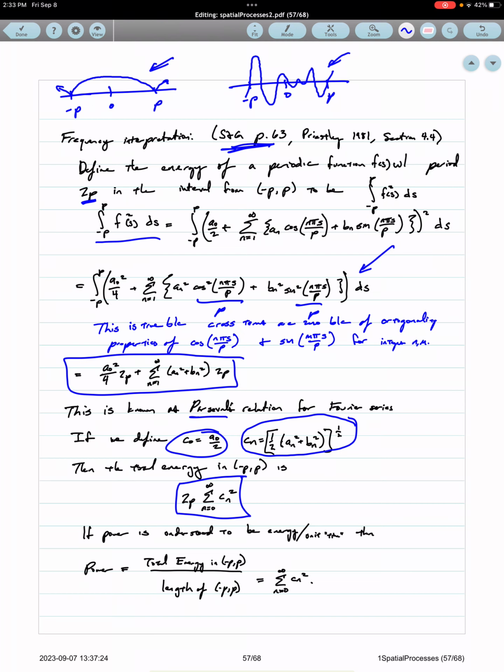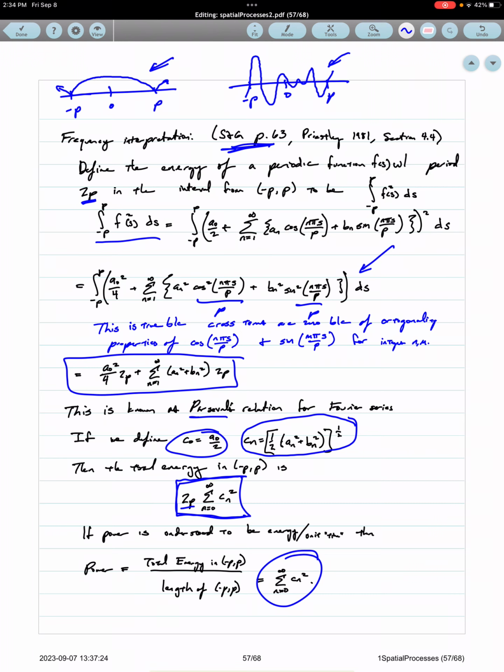There is also this notion of power. So the total energy has P in it, the length of the period. Well, 2P is the length of the period. And so the power then is just the summation of the CN squareds.